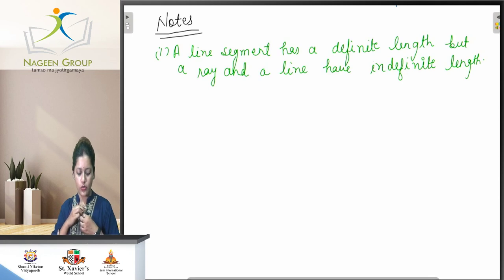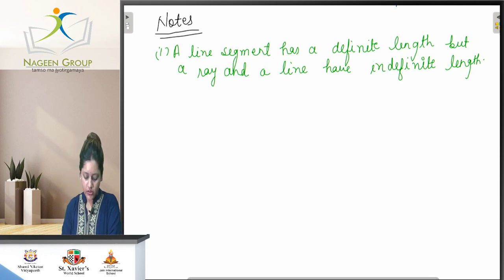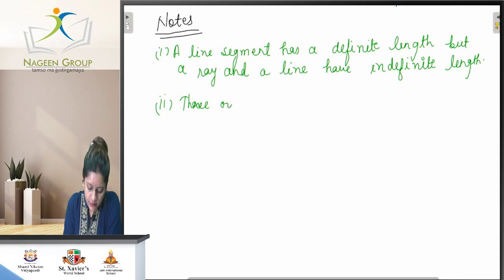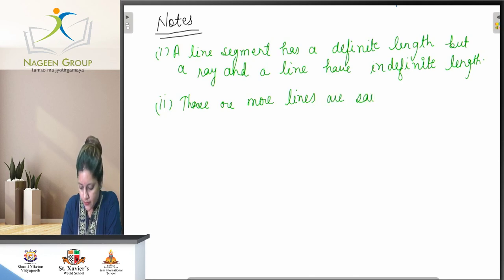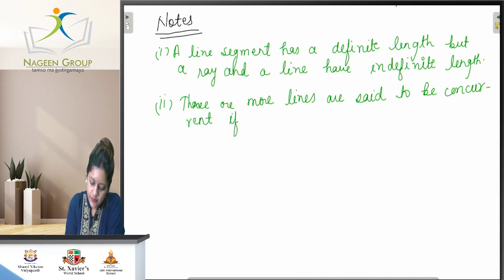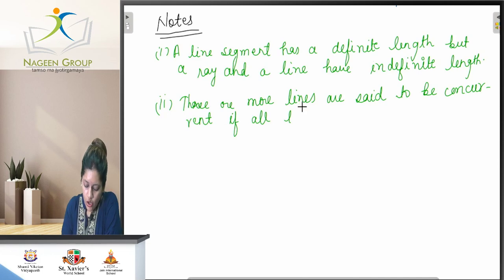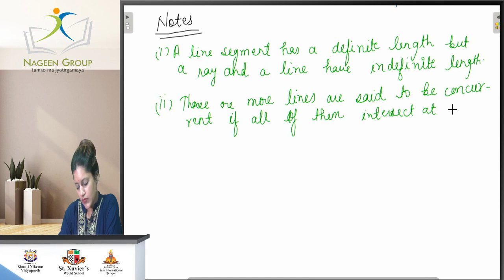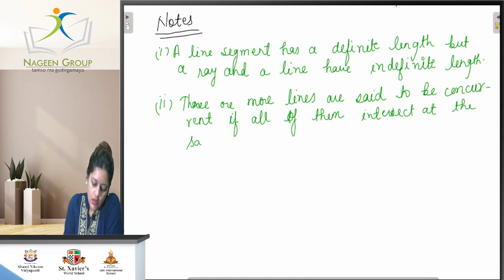Next point is that three or more lines are said to be concurrent if all of them intersect at the same point.